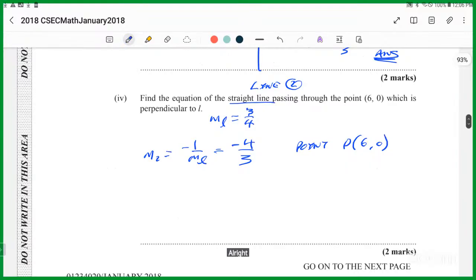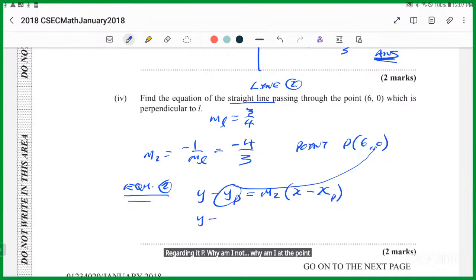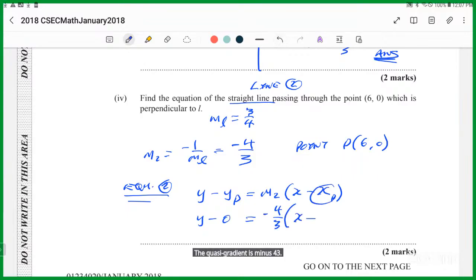Alright, so the equation of line 2 is y minus the y value at the point equals the gradient of line 2, which is negative 4 over 3, into x minus the x value at this point P. Plug in the values: y minus 0 equals minus 4 over 3 into x minus 6.